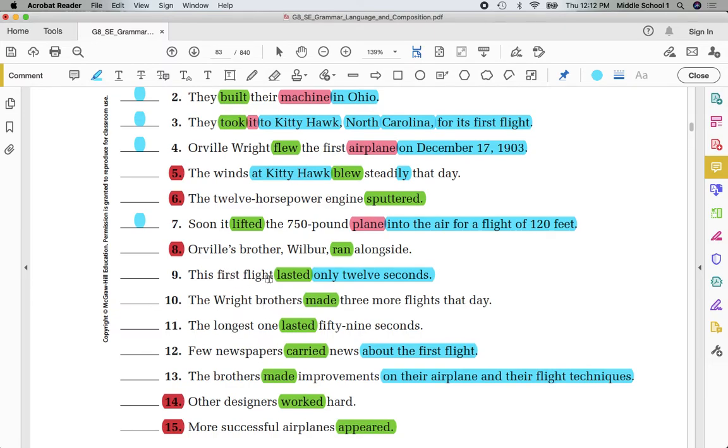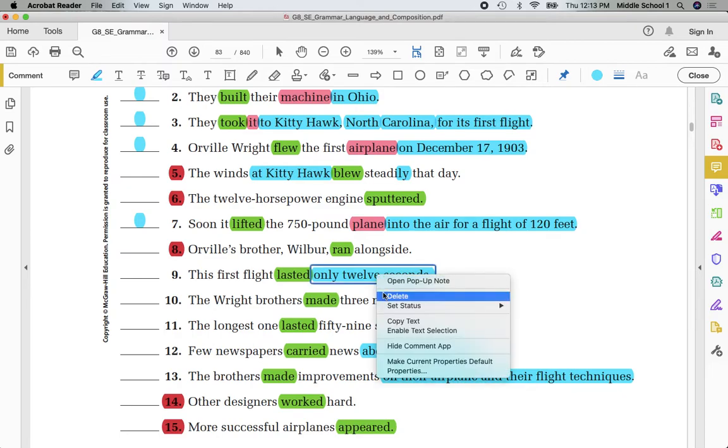First flight lasted only 12 seconds. Is this a prepositional phrase? Only 12 seconds? Or did the flight last seconds? Lasted how, when, or where? Only. What kind of seconds? 12 seconds.